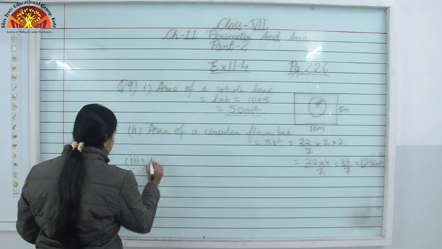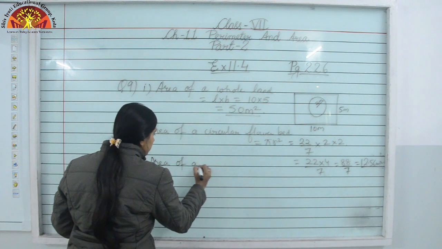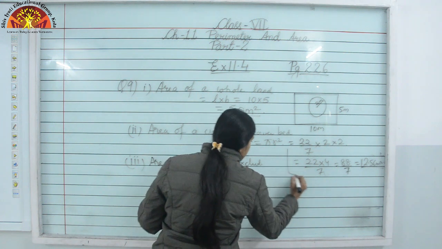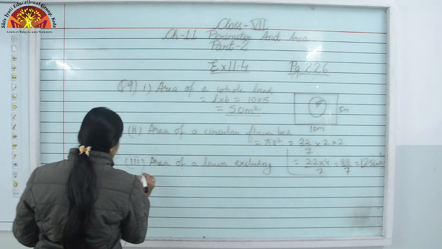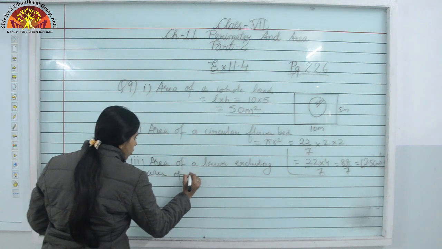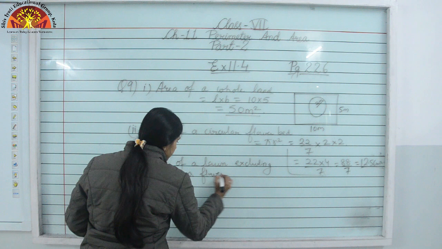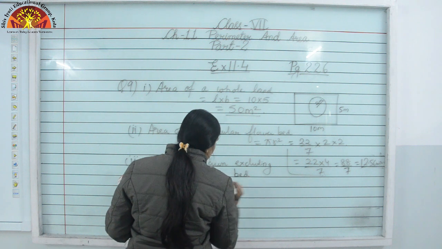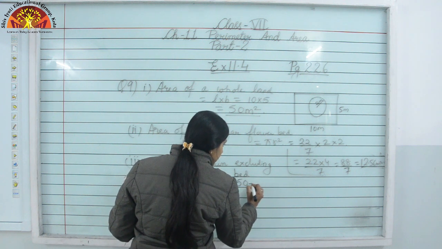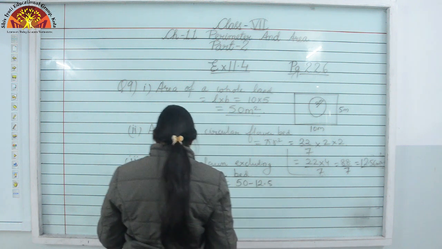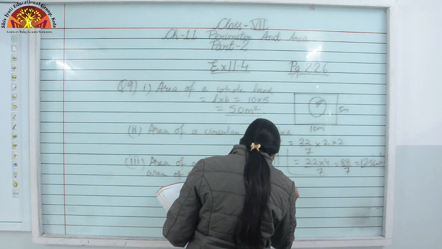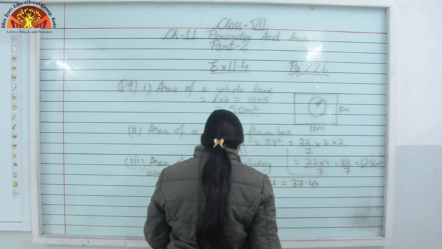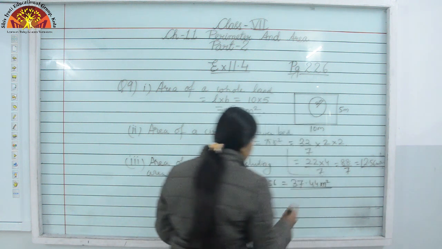So it comes out to be, that is the area of the lawn excluding the area of the flower bed is equal to 50 meter square minus 12.56, which is equal to 37.44 meter square. Is it clear?